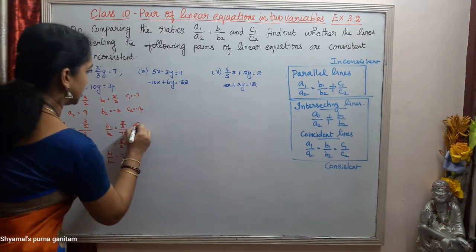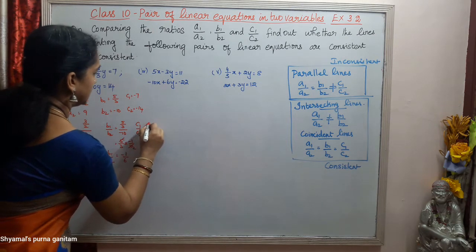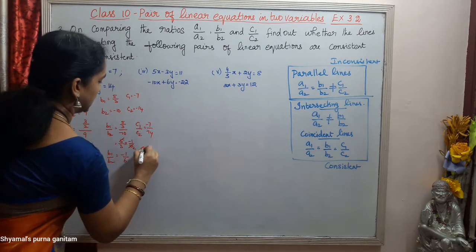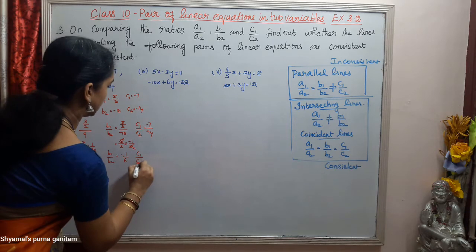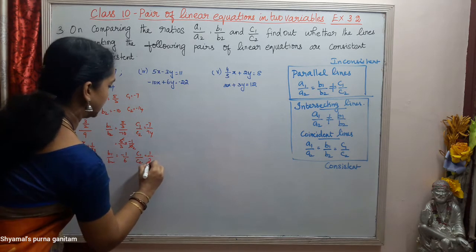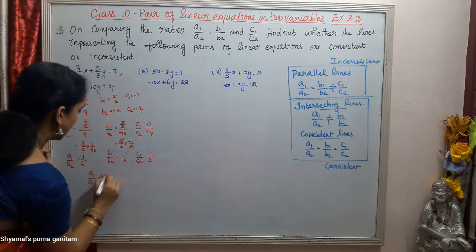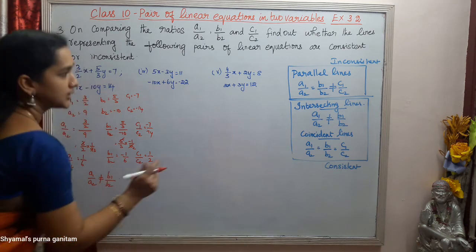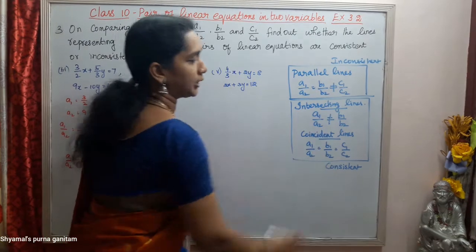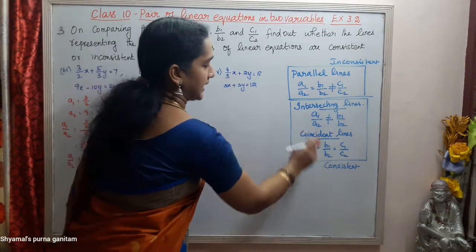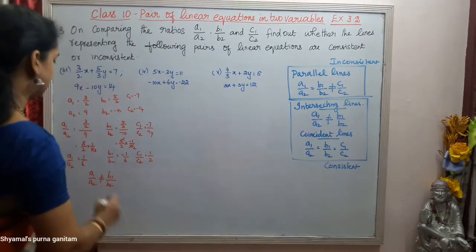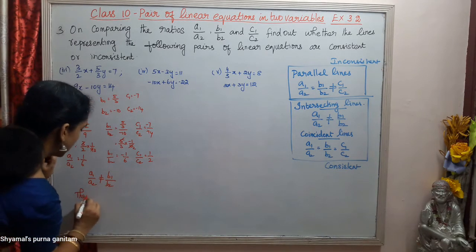Then C1 by C2 will be minus 7 by minus 14. When we simplify this, we will get C1 by C2 as 1 by 2. So here we get A1 by A2 not equal to B1 by B2. So they are intersecting lines and they are consistent.